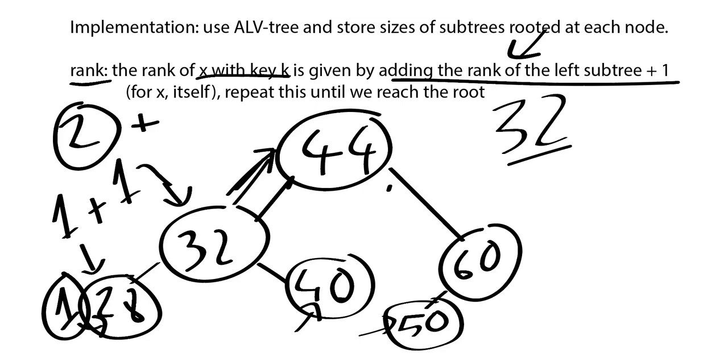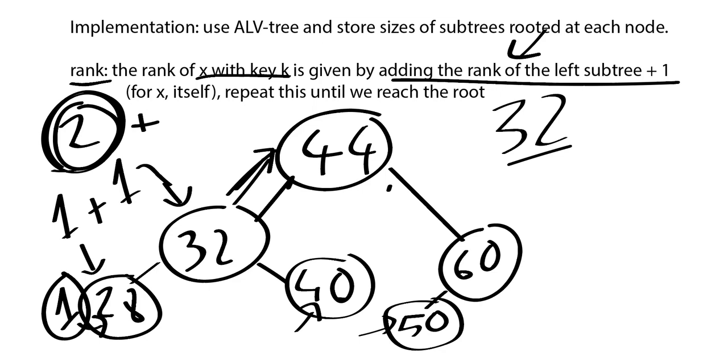So if 32 was in the right subtree, however, then we continue doing this. But since it is in the left subtree, we don't really do this. So the rank of the left subtree plus 1, so for x itself and its left subtree, is what got us this rank of 2 in this case.